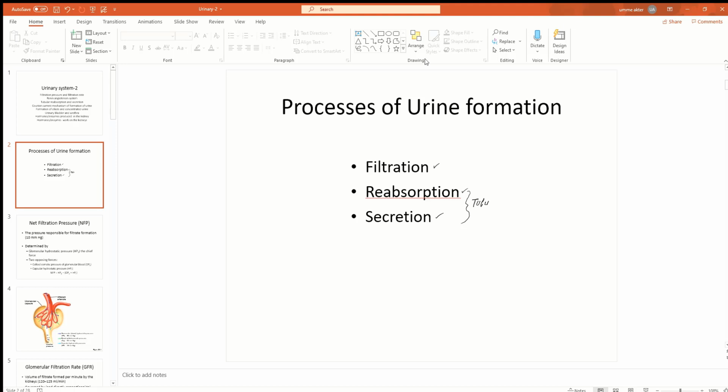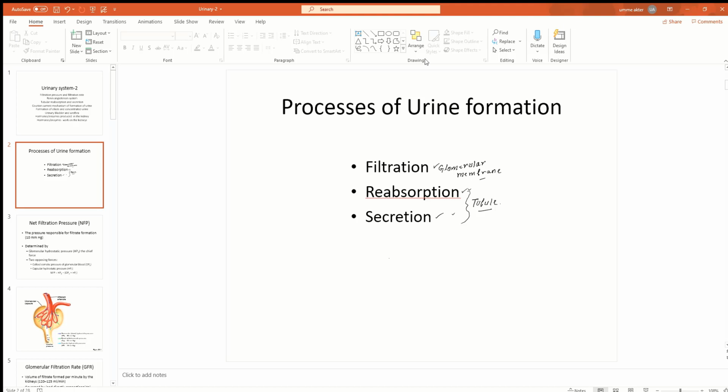Nephron is actually a tubule, and through the wall of the nephron, reabsorption and secretion occurs, and filtration occurs through the glomerular membrane. In last class we talked about this membrane. So glomerular membrane is the membrane through which the filtration occurs.